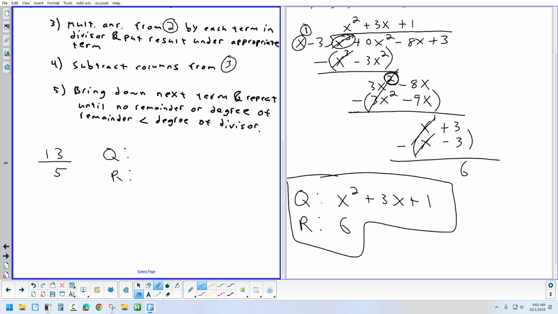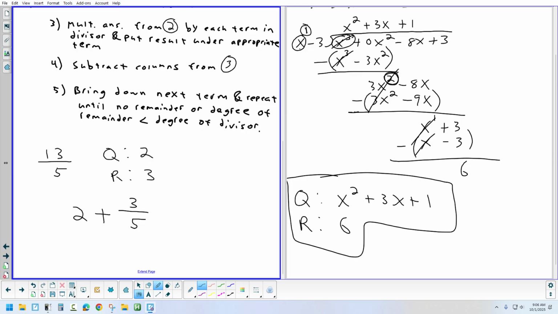What's the quotient there? Yeah? 2. And what's the remainder? 3. So another way that you can write your answer when you do long division is quotient plus remainder over your original denominator. This is 2 plus 3/5, or as a mixed number, it would be 2 and 3/5.